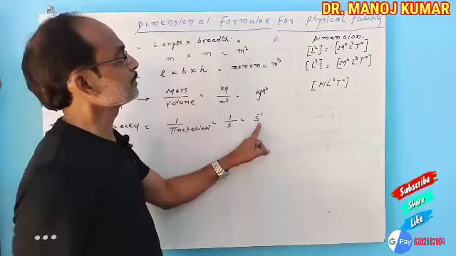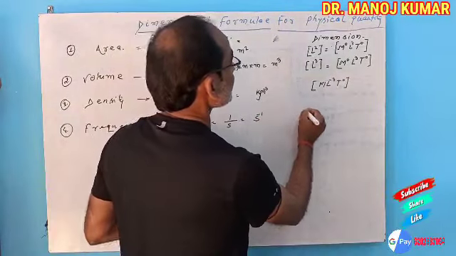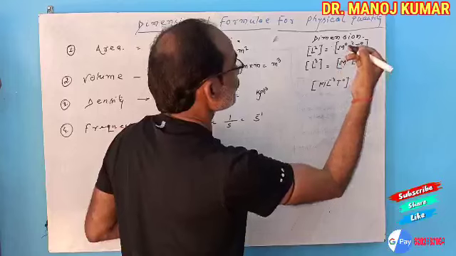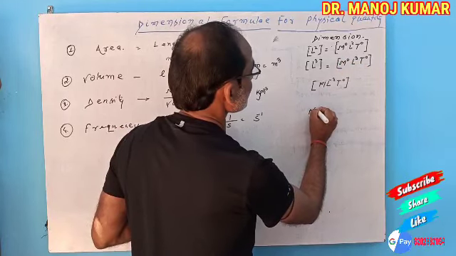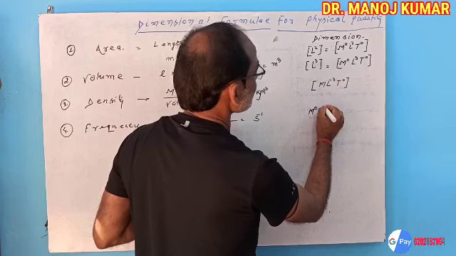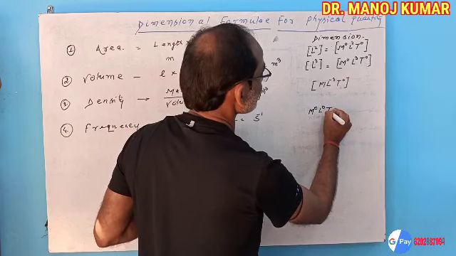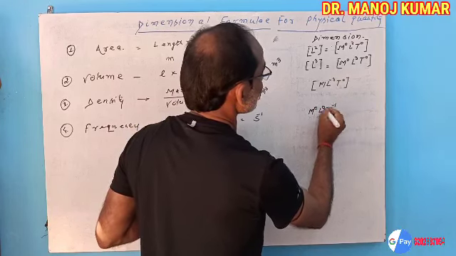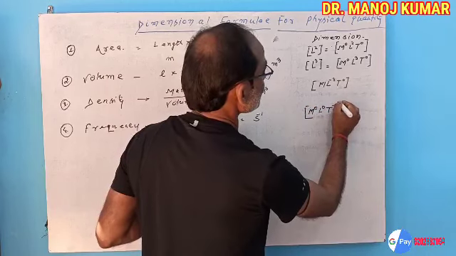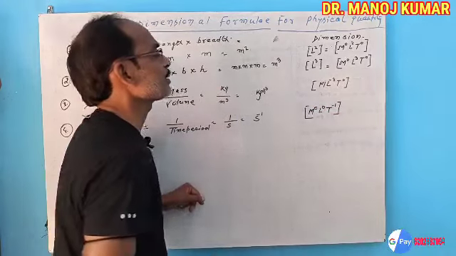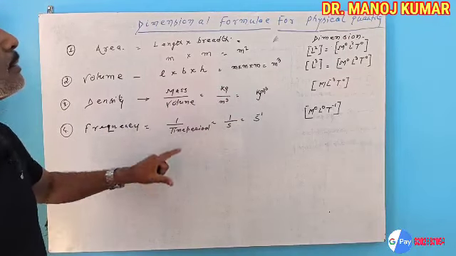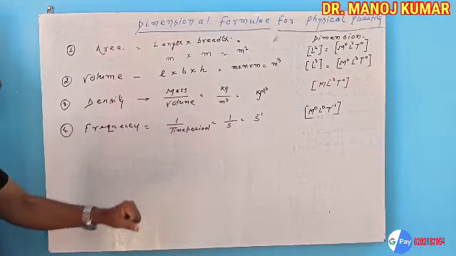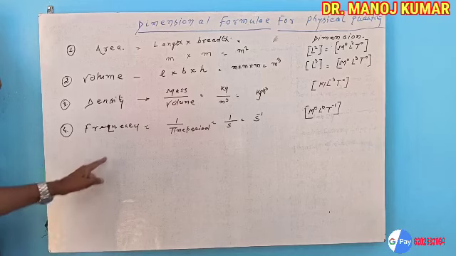Second is represented in the form of T. M is not present, L is not present, T is present, so M naught, L naught, T minus 1 in big bracket is the dimension of frequency.